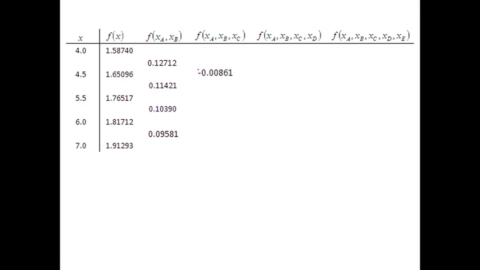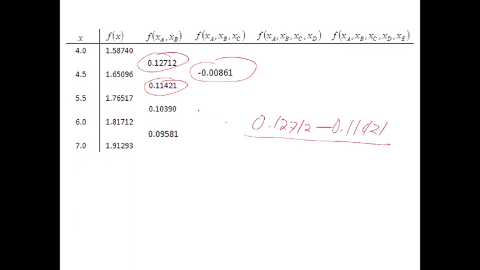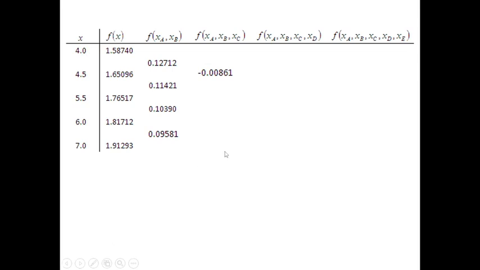How about this? How did we arrive with this answer? Simply that is 0.12712 minus 0.11421 all over 4 minus 5.5. Okay, that's it. So you know it, no need to elaborate.